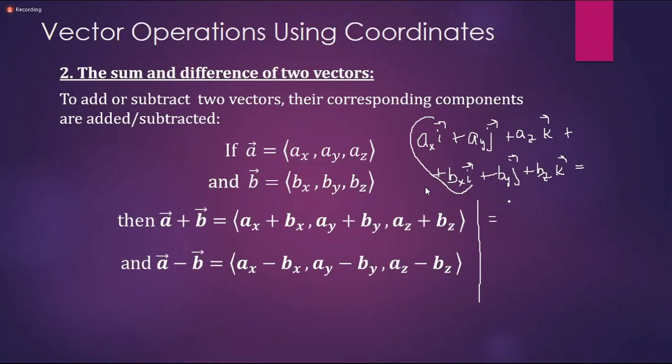From matrix algebra as well, we could say, okay, now the new coordinate, new number multiplied by I algebraically is AX plus BX times I plus, and so on and so on. The same thing for J and K. So in principle, it's very easy to understand why this is so.